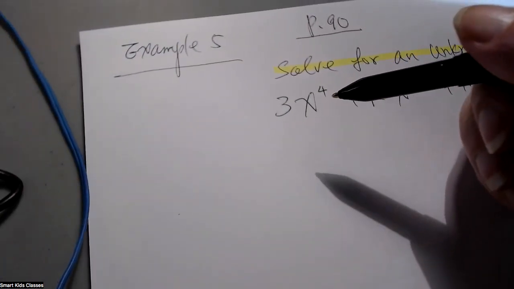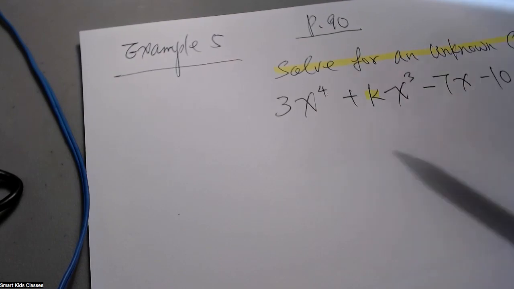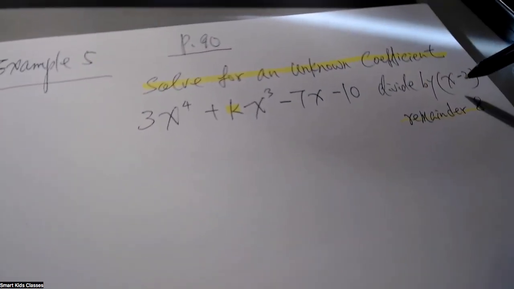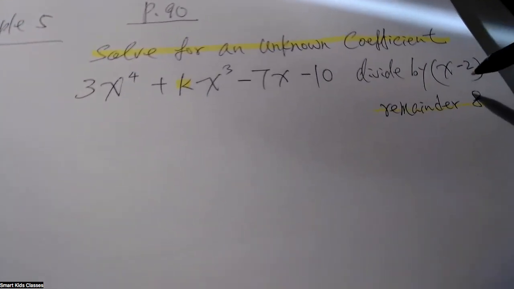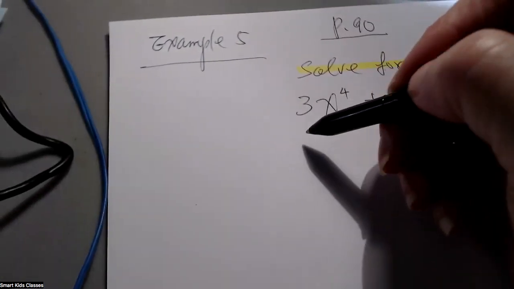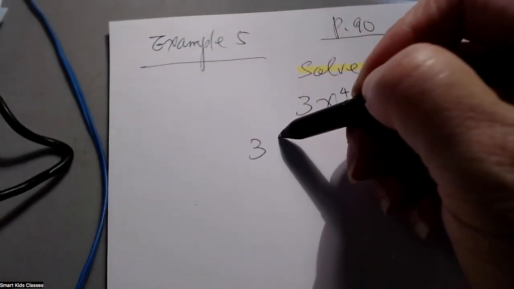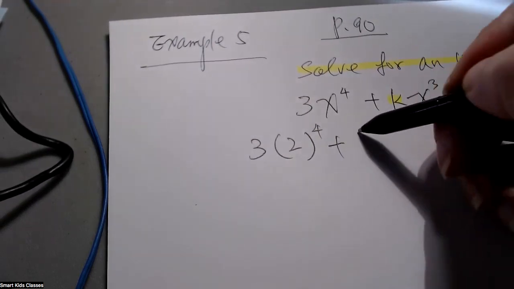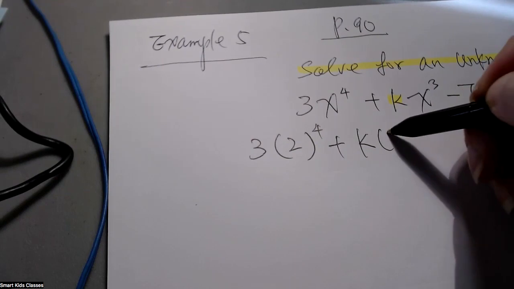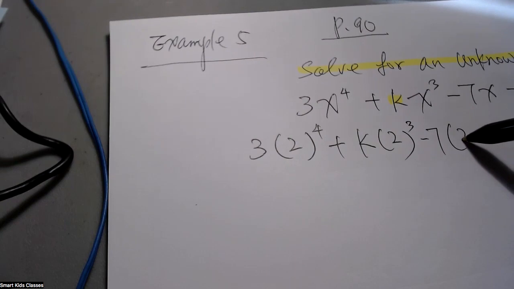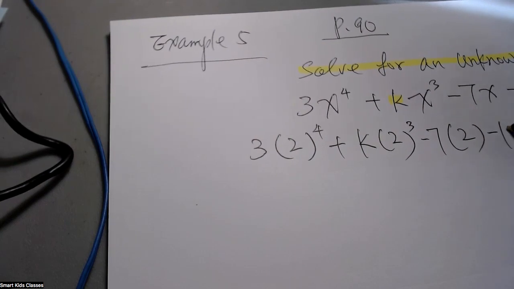So for this equation, if we divide by x minus 2, we're going to put x as a positive 2, solve this intercept. So x equals 2, with substitution into the polynomial: 3 times 2^4 plus k times 2^3 minus 7 times 2 minus 10.